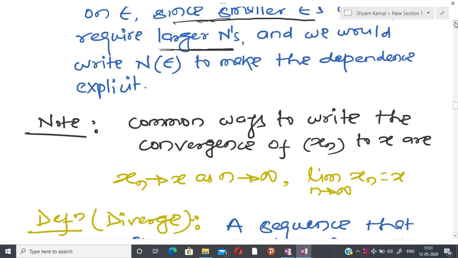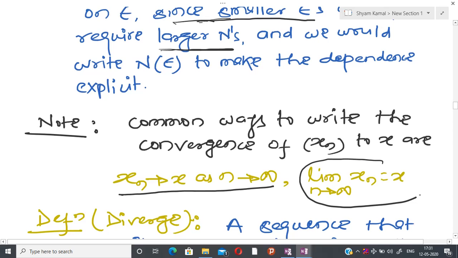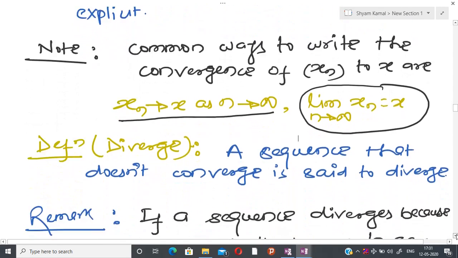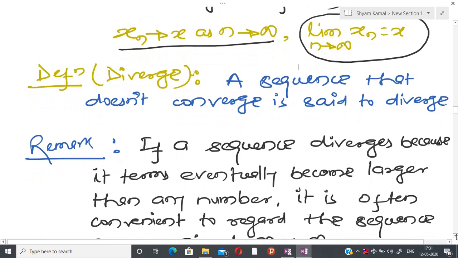The common way to write convergence of xn to x is xn tends towards x provided n tends towards infinity, and we interpret the same thing in terms of limit also. A sequence that does not converge is said to diverge.